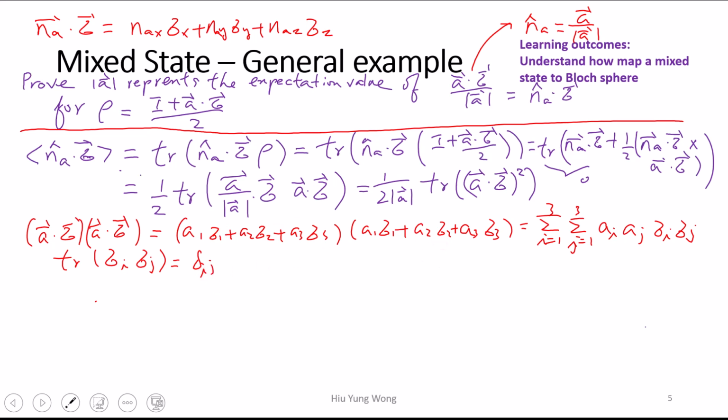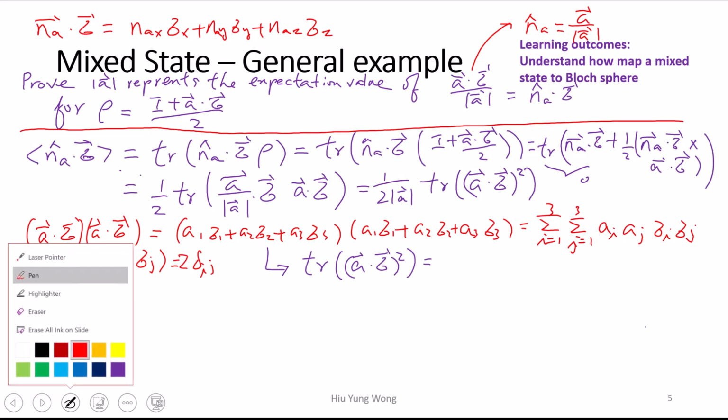So if you take the trace of A dot sigma squared, sorry, I forgot the 2 though, this has a 2 times delta ij.